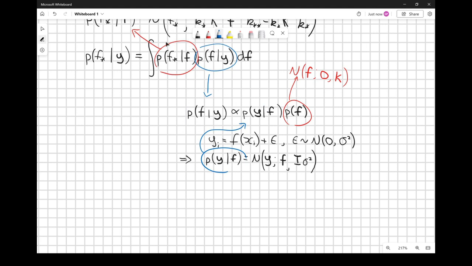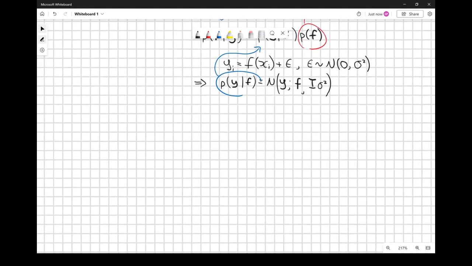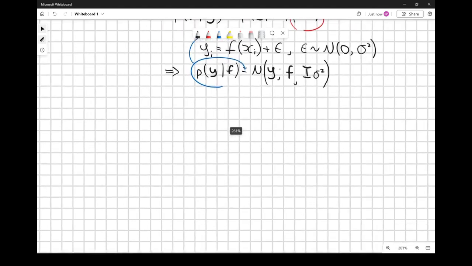And finally, because this is Gaussian and this is Gaussian, we are also able to evaluate this integral. Like I say, we won't go into it and derive everything in this particular video, mostly because these are all just closed form expressions for Gaussian distributions that you can get out of any textbook. So going through it line by line doesn't necessarily teach us much extra, although it is an interesting exercise to do.